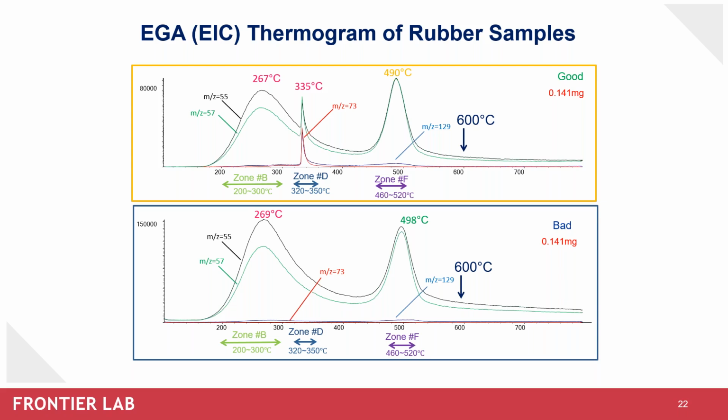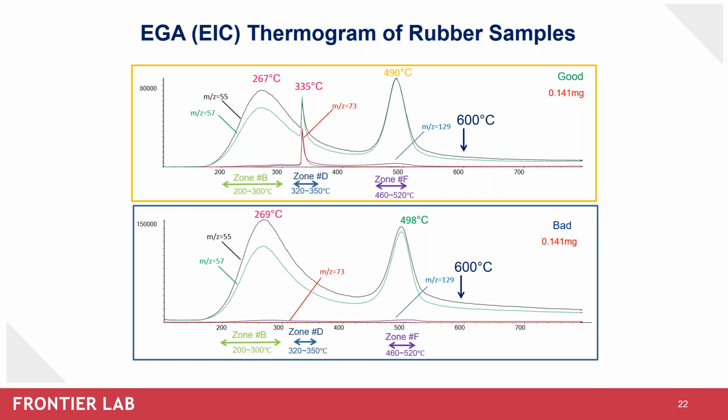And that's typically a good way of identifying your heart cutting zone by analyzing your EGA in more detail, which is trying to extract the m/z ions that you're seeing from your EGA. So obtain your EICs and then try to identify a good optimal temperature zone for your heart cutting or flash pyrolysis, for example. Also, we found the optimal temperature for flash pyrolysis in this case is 600 C for both samples.